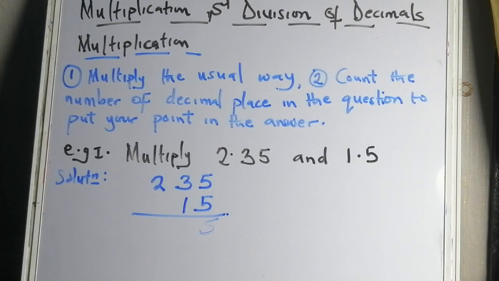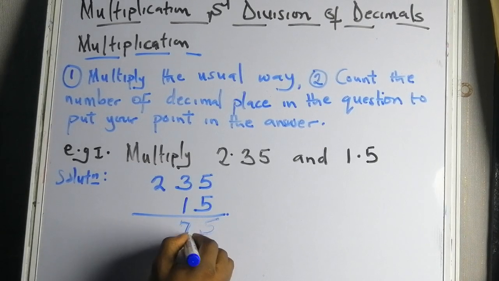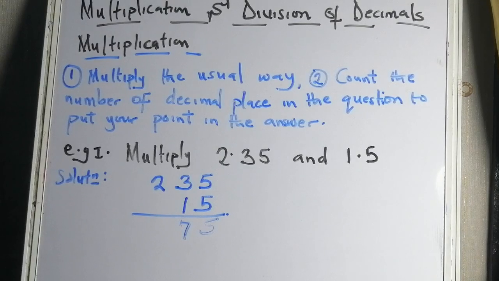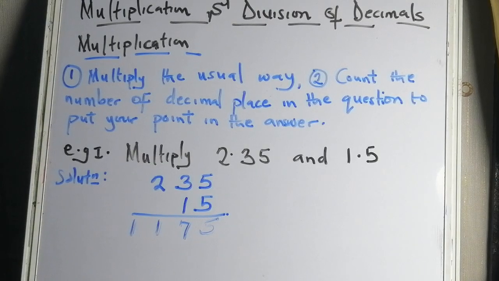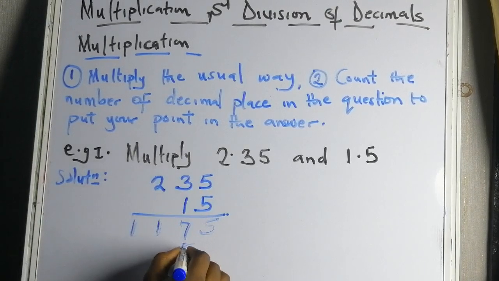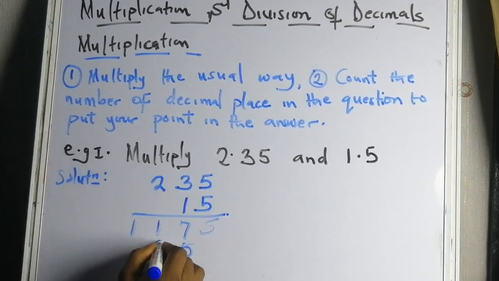You carry 2. 5 times 3, 15, plus 2, 17. So you write your 7 and carry 1. 5 times 2, 10, plus the 1 you carry, that is 11. You carry 1 and that 1 will be here. Then 1 times 5 is 5, 1 times 3 is 3, 1 times 2 is 2.